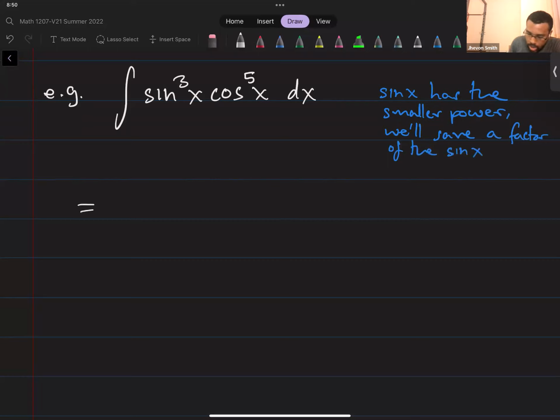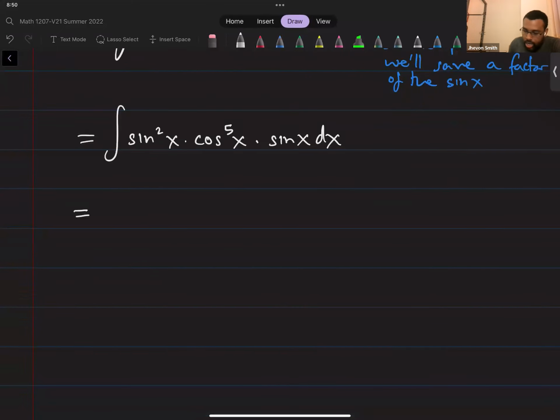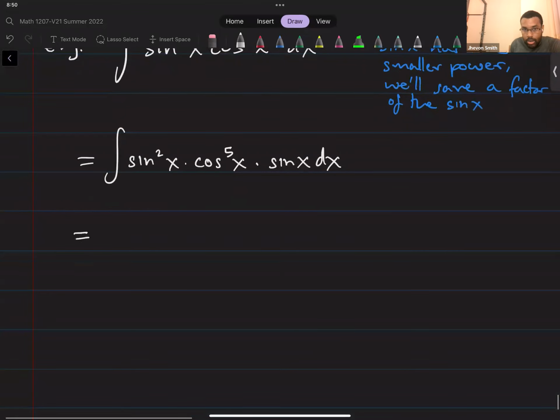That's what we're going to do. So here, I would think of this as sine squared times cosine to the 5th times the one factor I saved, pulled off to the right. Now I'm going to change the sine squared into cosines, so that's going to be 1 minus cosine squared.